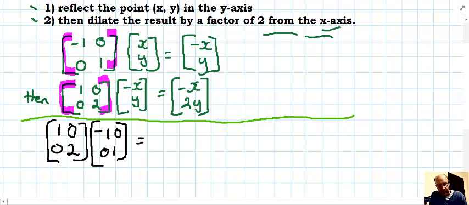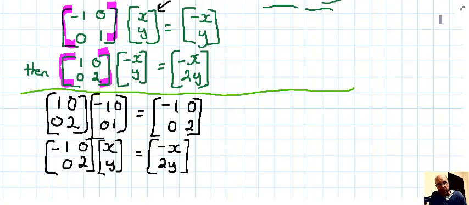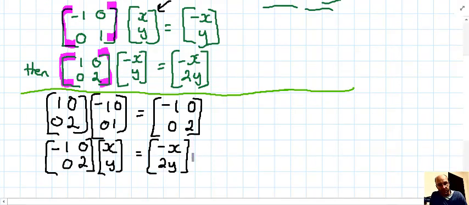Using matrix multiplication, we get negative 1, 0, 0, 2. And now using that with the original matrix, xy, and again using matrix multiplication, we actually get the same result. That's the idea of composition. So the composition occurs right here.